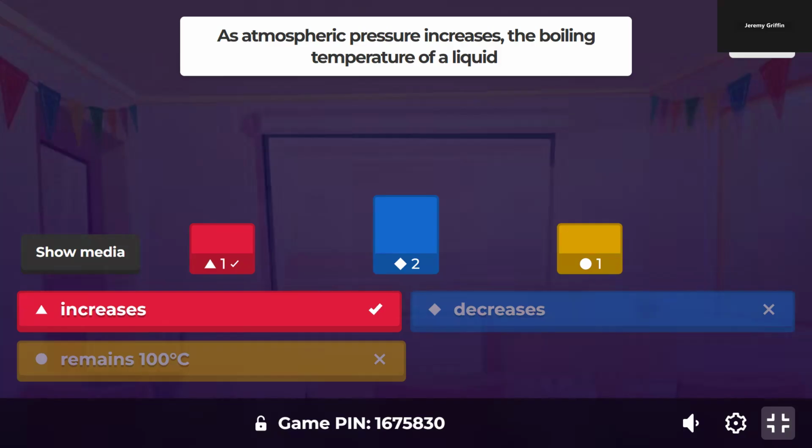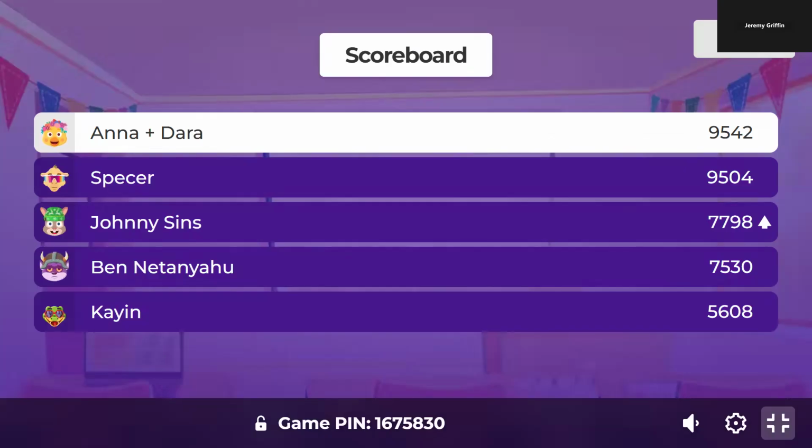If you start in the mountains, maybe it boils at 95 degrees Celsius. So you come down to sea level. Now the necessary boiling temperature would increase from 95 to 100 degrees Celsius. Up in Denver, Colorado, water boils at 95 degrees Celsius. Down here at sea level, it could be 100 degrees Celsius. So more pressure. All right.